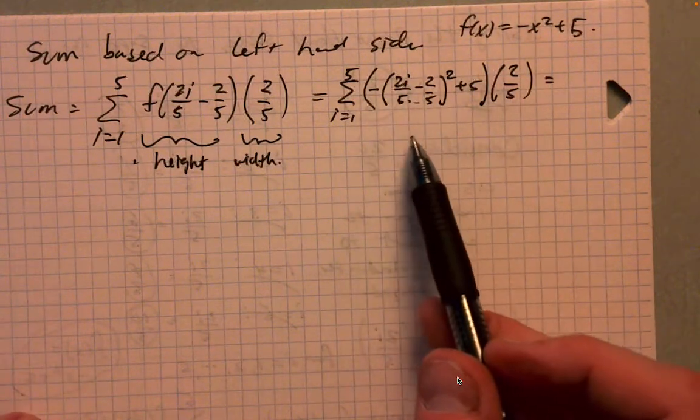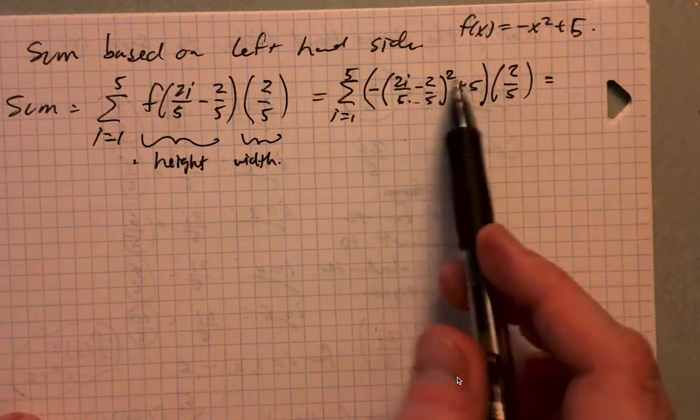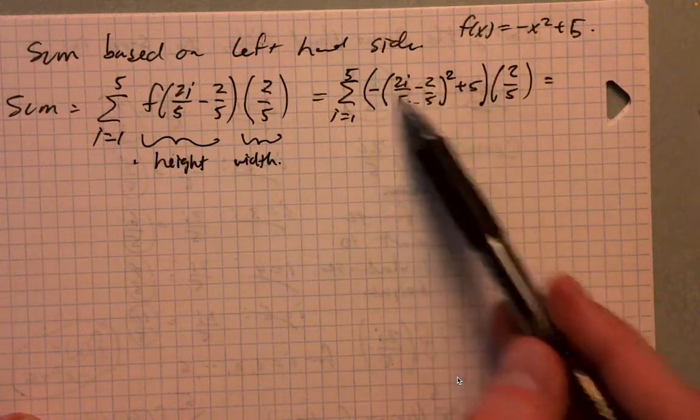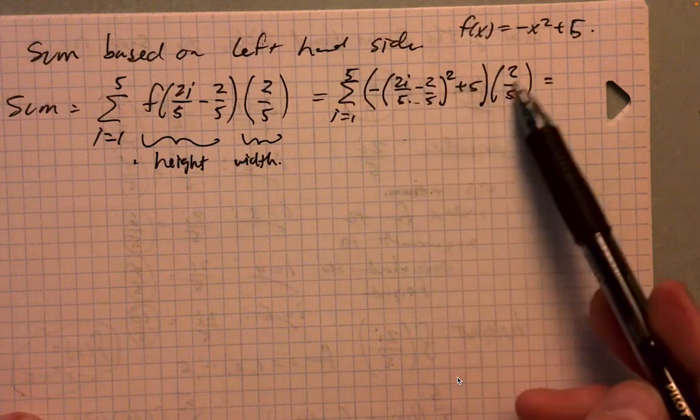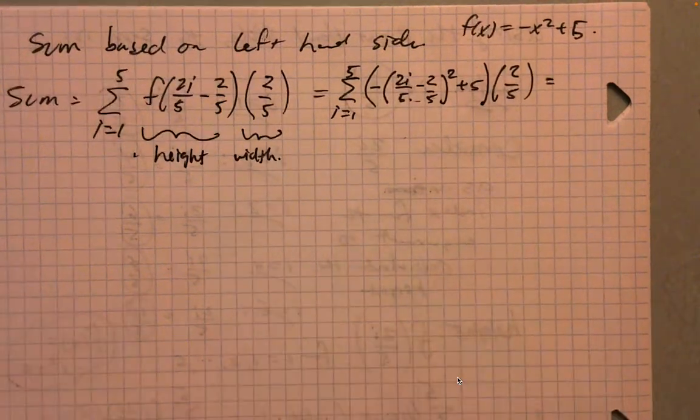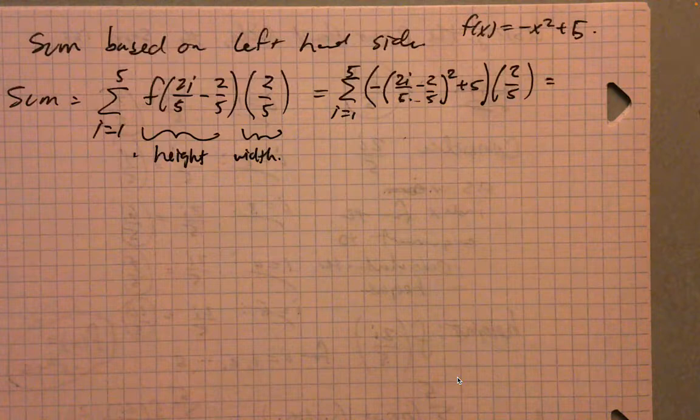And just like in the previous example, you could go through and figure out what this sum amounts to. It's a little more complicated. You'd have to square this term, then collect terms, and then distribute the 2/5 across everything. What you'd end up with is something that looks a little bit like a polynomial with some rational coefficients. You'd have an i squared term, then an i term, and then a constant.